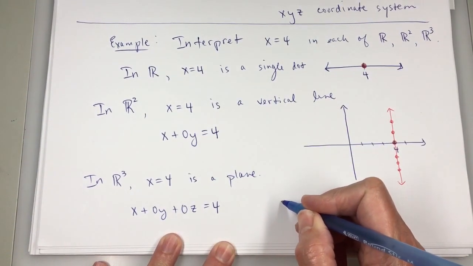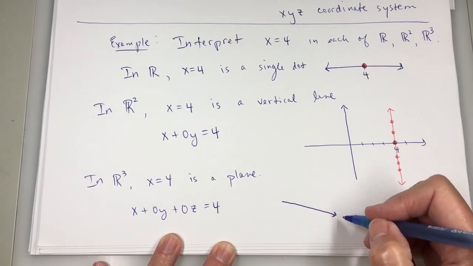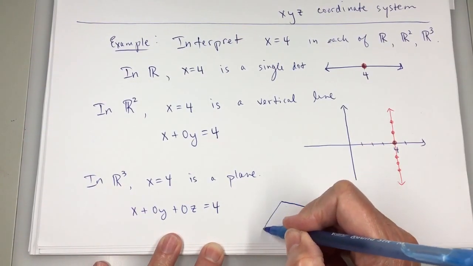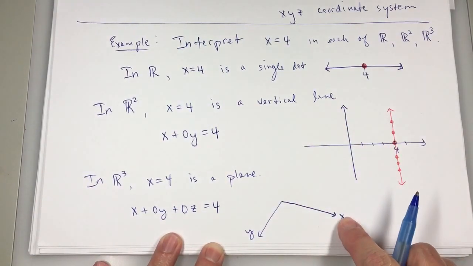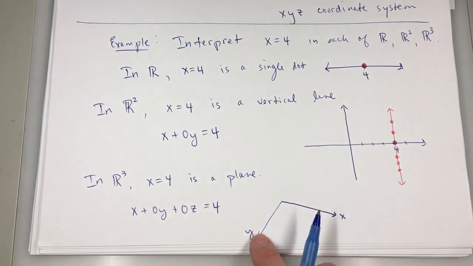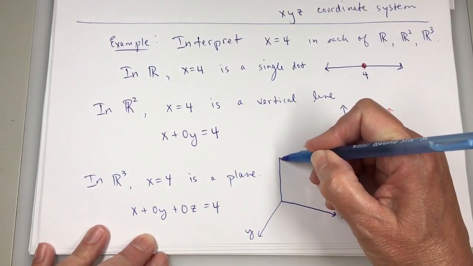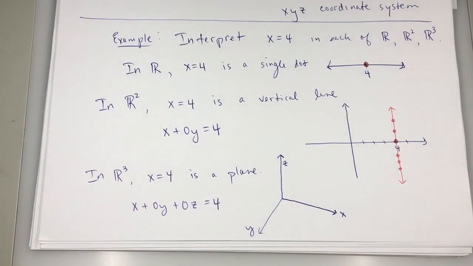Instead of calling this the y-axis, I'd probably call this the x-axis, just because of the nature of what I'm graphing. If you want to label it x, y, that's fine, but you need to have your picture drawn according to your labels.